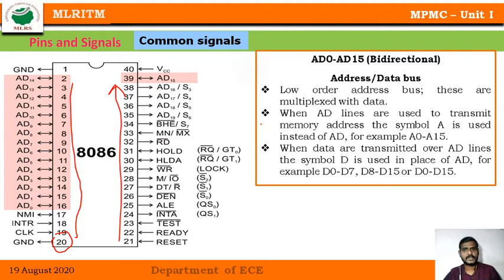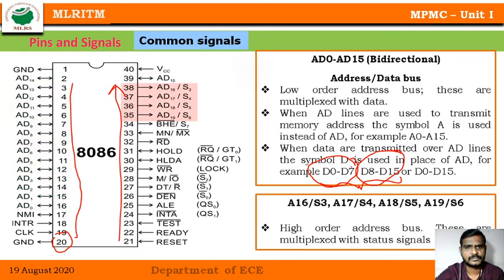If the same pins are used to transmit data, then we call them D0 to D15. Again, D0 to D15 are subdivided into an 8-bit data bus, D0 to D7 and D8 to D15, so that we can use this facility when we want 8-bit data transmission.